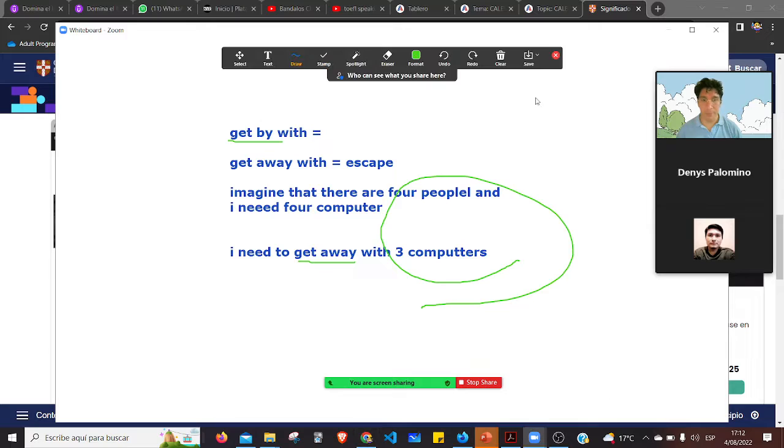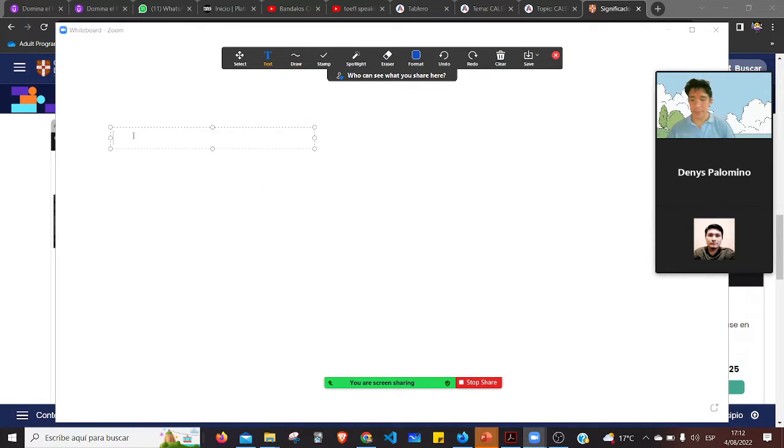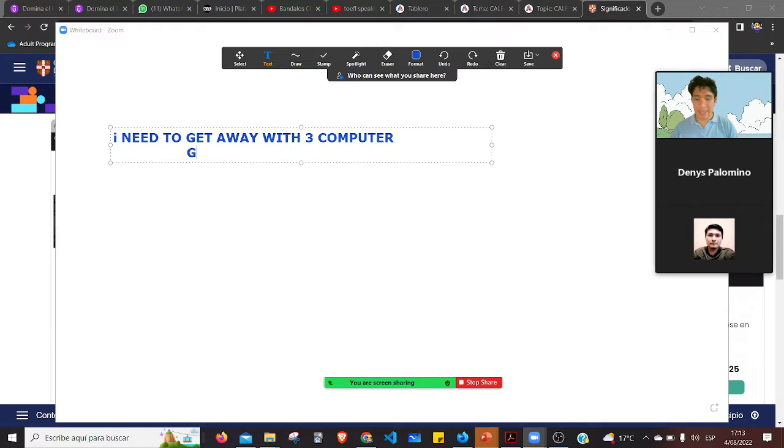A ver, veamos. Tú puedes decir, I need to get away with 3 computers. Listen, I need to get away with 3 computers because remember that there are 4 people. You need to, what is the other word? Get by with, get by with 3 computers. You can say, I need to manage to, and then a verb. I need to manage, necesito arreglármela, necesito administrar qué cosa?